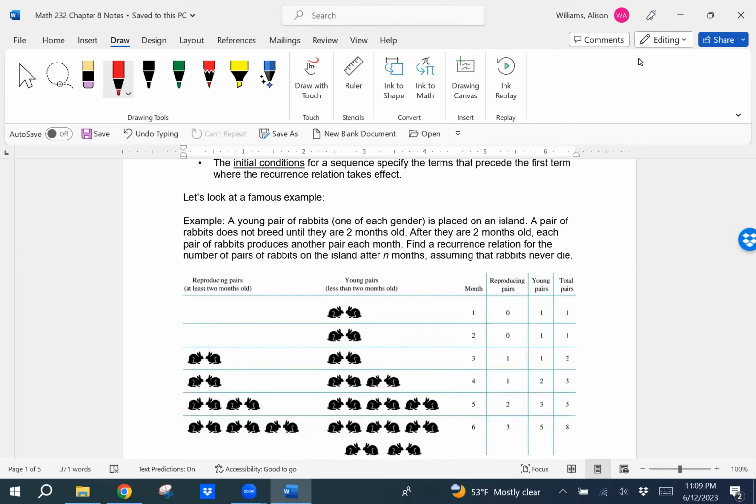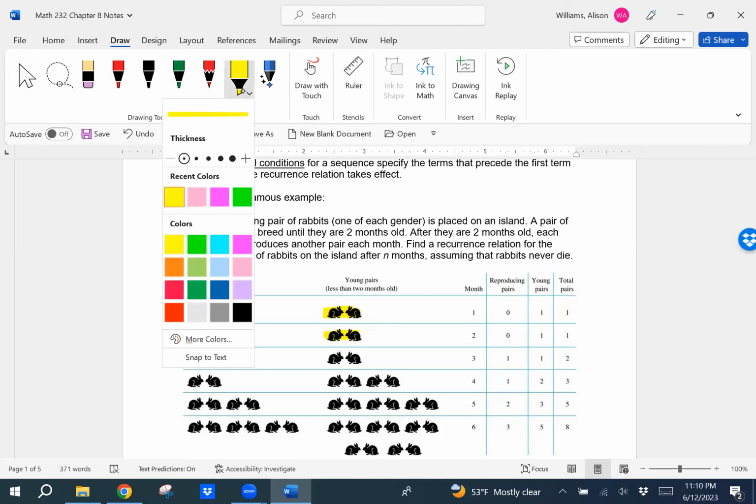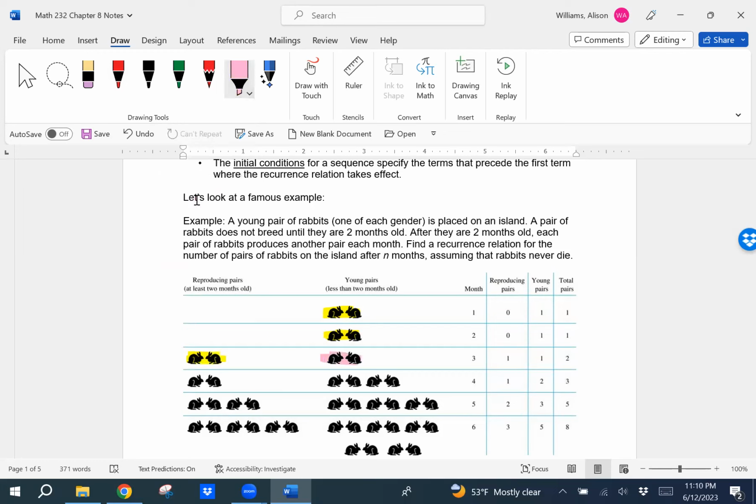So we start with 2 rabbits, and for 2 months, they just exist on the island and have no babies. But then in month 3, the original pair switches to becoming a reproducing pair and gives birth. I'll pick a different color for this new pair.